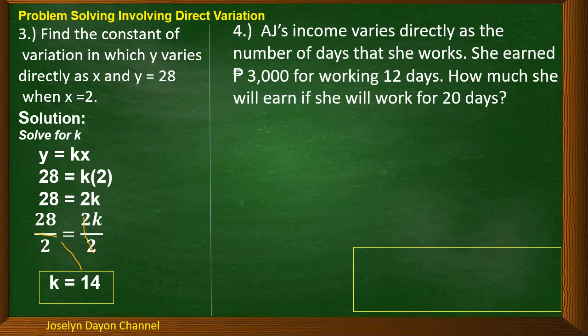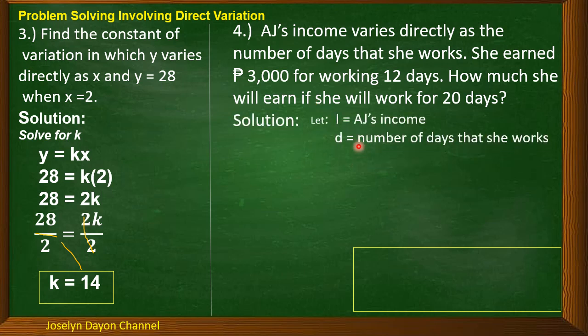Next problem. Age's income varies directly as the number of days that she works. She earned 3,000 for working 12 days. How much will she earn if she will work for 20 days? Okay, first we have to assign a variable that will represent the unknown.